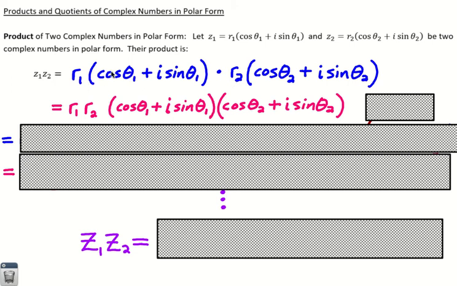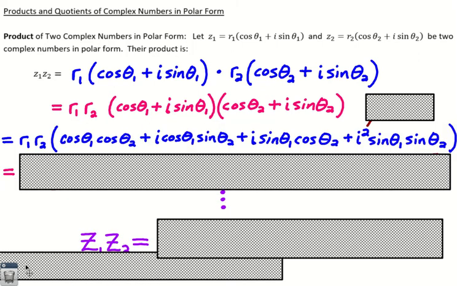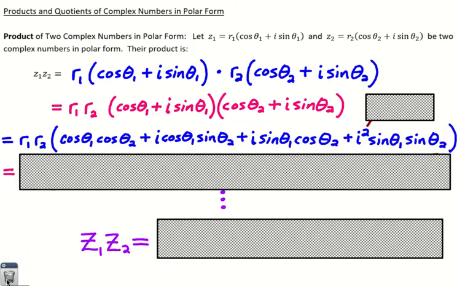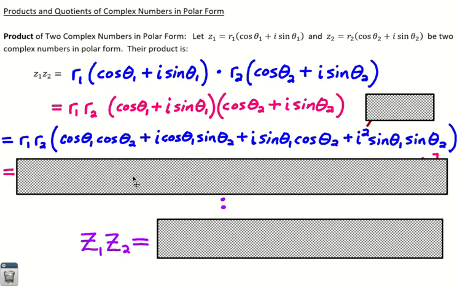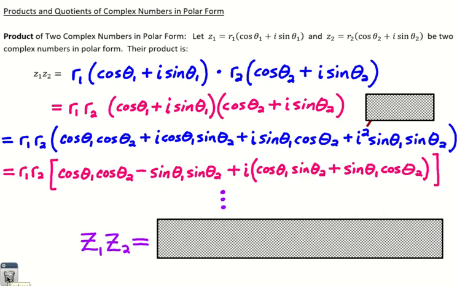This complex number had a radius of R1. This complex number had a radius of R2. And so the radii multiply together, and then as far as the other parts, that's going to be FOIL. And basically, once we get to here, we're going to go, yada, yada, yada.